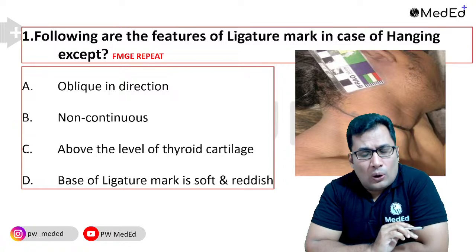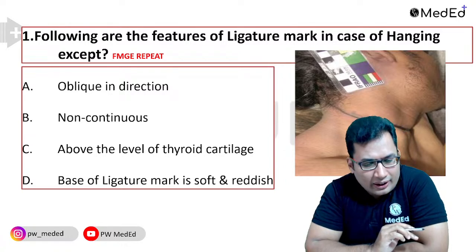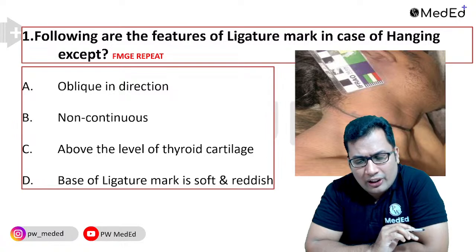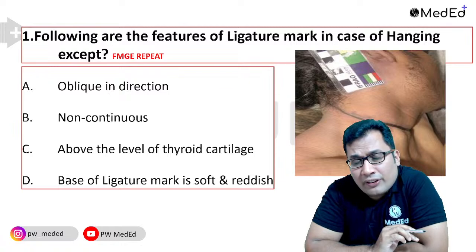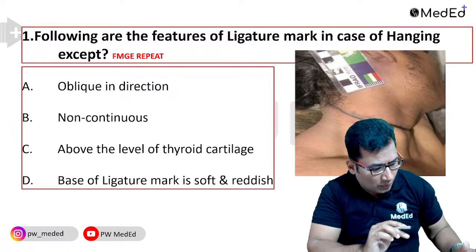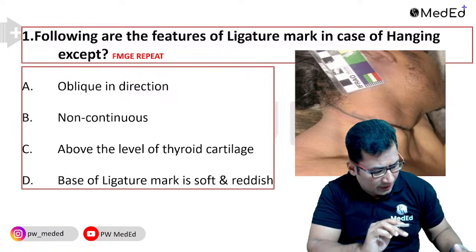Options are: oblique in direction, non-continuous, above the level of thyroid cartilage, base of ligature mark is soft and reddish. So what is the answer? Can you try this? Anyone? Try this.